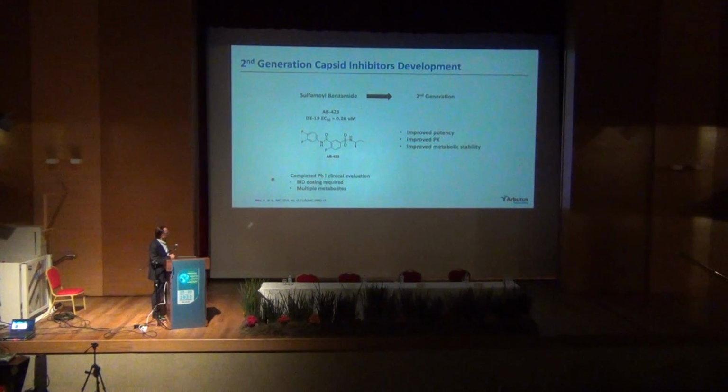Although it wasn't ideal, we hoped that we could at least get proof of concept in the clinic. But it required BID dosing and a fairly large drug supply. The other problem is that we had multiple metabolites of this. Once we got into the clinic, even in the phase 1A study looking at safety and PK properties, we began to realize that this molecule really wasn't adequate to move forward.